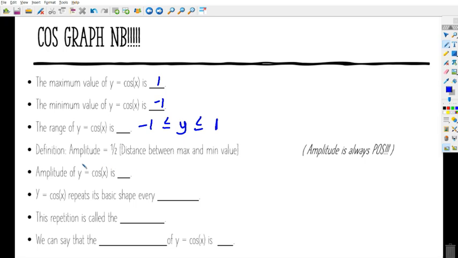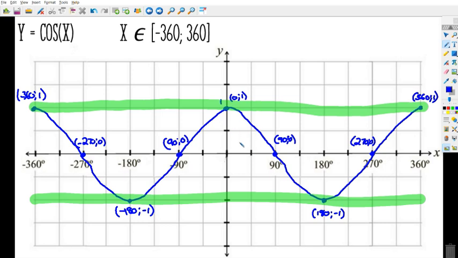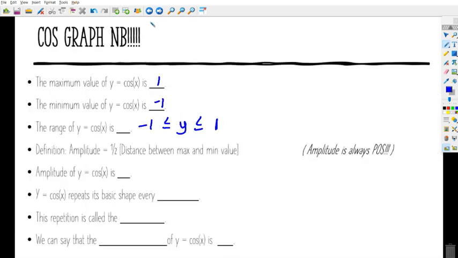Now the amplitude. Remember from the last video, amplitude is the distance between my x-axis and the mountain peak, or my x-axis and the valley over there. That distance from my x-axis to my valley is how many units? 1 unit. Or we can use our formula: it's half the distance between the maximum and the minimum value.